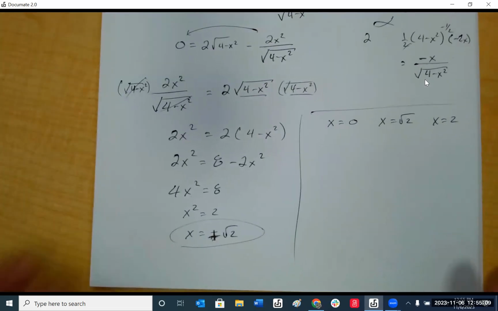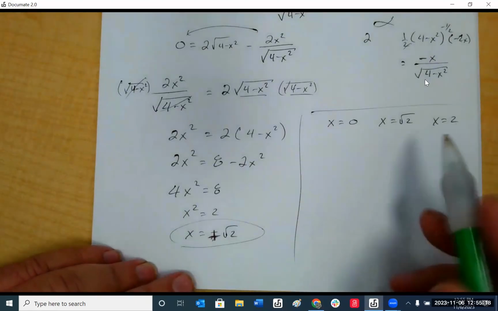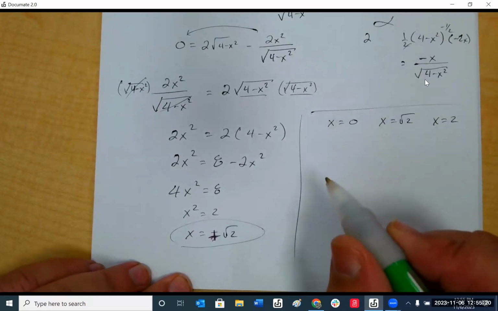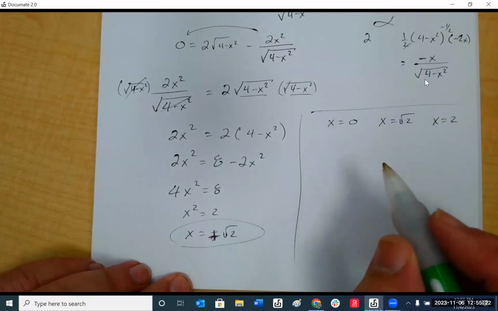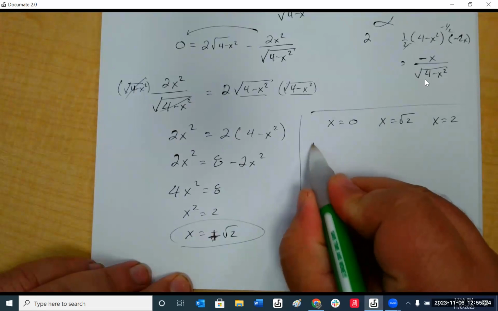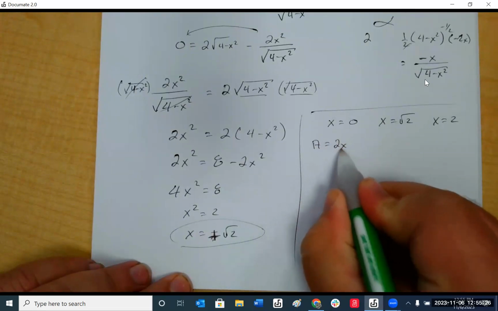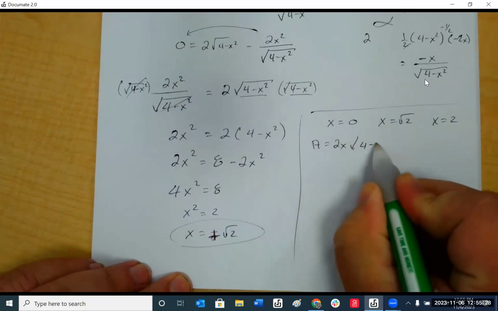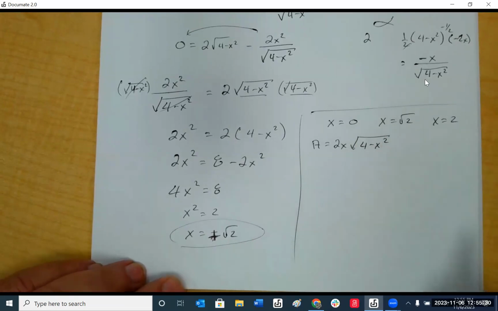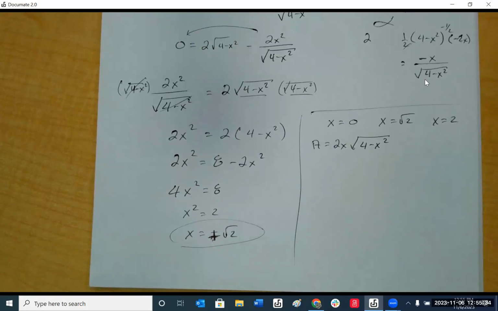Are we looking for the highest or lowest? Largest. We're looking for the highest. These are our critical points. So x equals negative root 2 is actually just an extraneous solution.